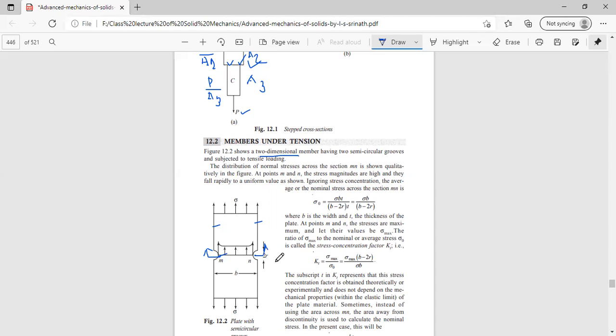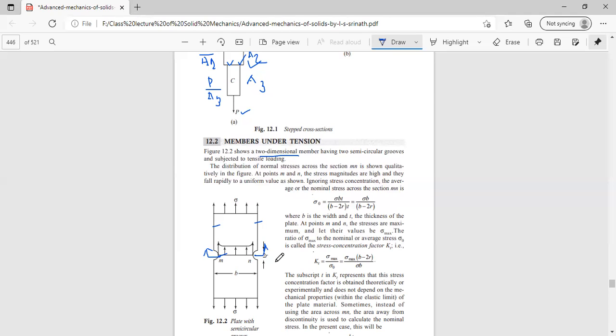Now, without taking into account the stress concentration itself, the average of the normal stress across the section MN is given as sigma 0.